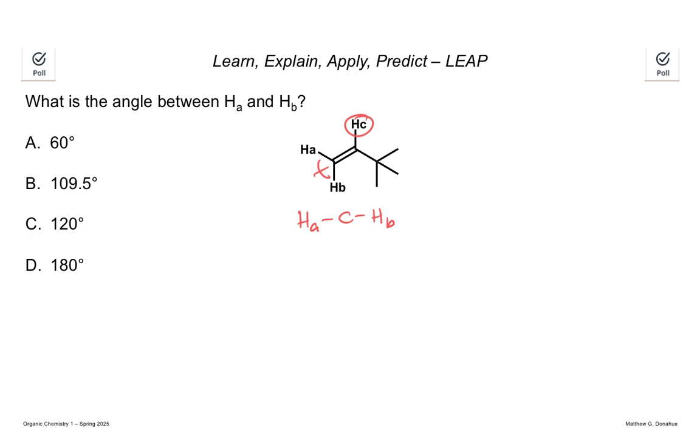We have an sp2 hybridized carbon. So it's trigonal planar, so the angle between them has to be 120. Even though they're bonded to the same carbon, they're different, and they're going to couple to one another. So that would be a 2-bond coupling. So 2J, HA, HB.